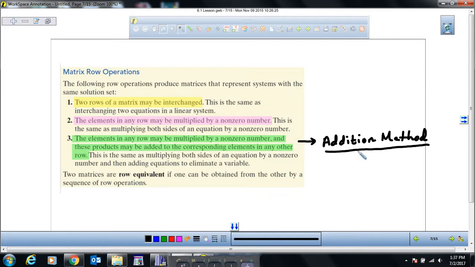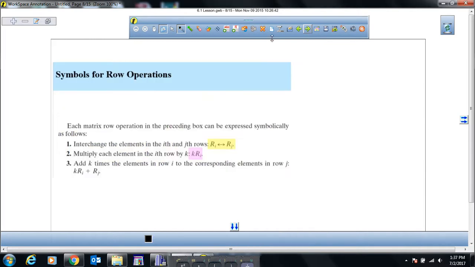So multiplying a row by a number and then adding it to another row is just the addition process that we're going to use whenever I ask you to cancel a variable, which is the same thing as saying that I'm going to make this number into a 0. Okay. So how do we represent multiplying a row by a number and then adding it to another row? It is like this.